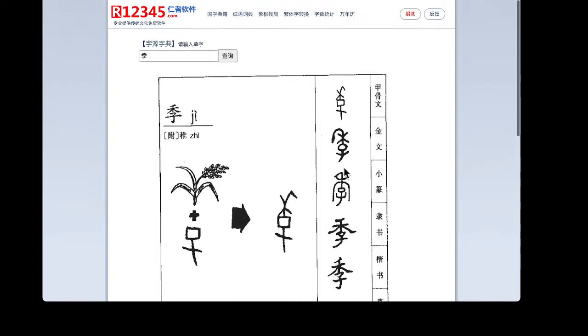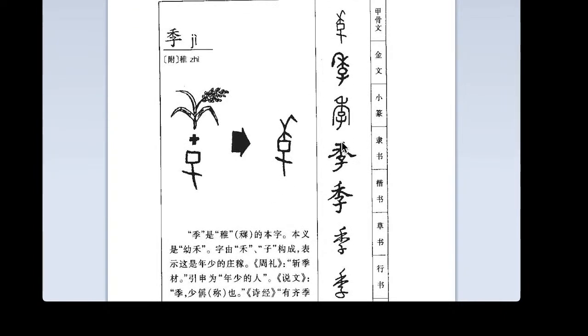Okay, so here's the oracle bone. You see that it's coming out in a tiny little bit. So this is actually referring to young crop. And the way they refer to young crop, you see that there's a 子. Okay, there's a baby on the bottom. You see that? This part is 子, which means baby. Okay, infant.